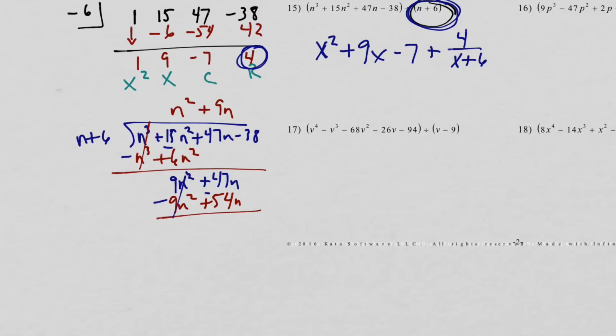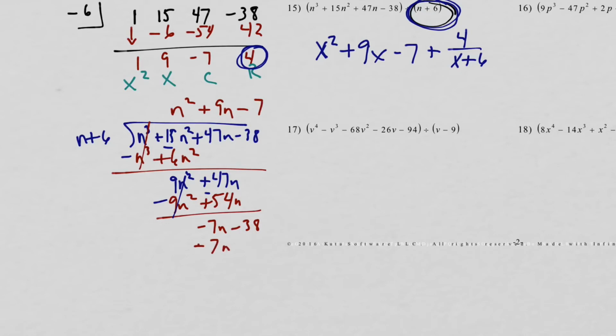All right, those will cancel out. So 47 and the minus 54 is going to give you a negative 7n. Bring down the negative 38. The last step of this is to get the 7n to cross out. So to do that, we need to have a negative 7. That's going to give me negative 7n.